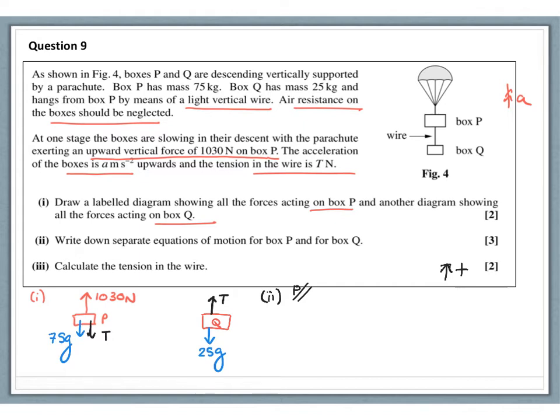So we have 1,030 minus 75G minus T equals 75A. And then for box Q, also taking upwards as positive, we have T take away 25G equals 25A.